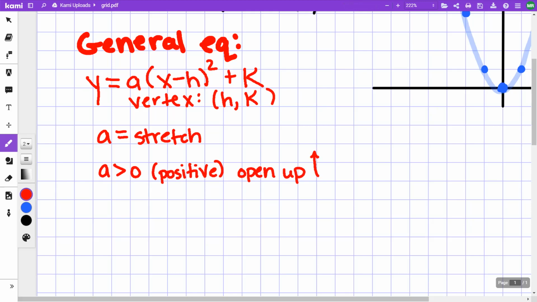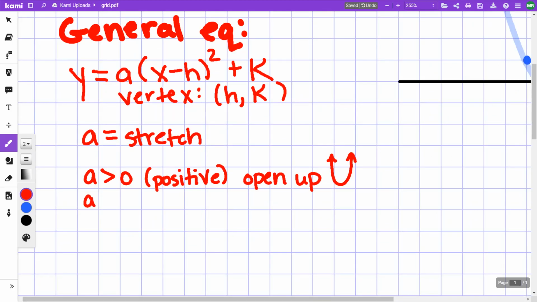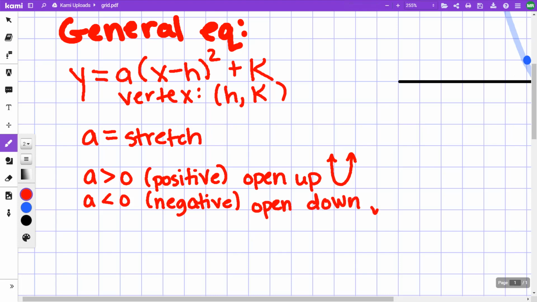So you have an open up parabola automatically. If our a is less than 0 or negative, and I'm saying greater than 0, less than 0 because sometimes books will have it written in that form and not necessarily say positive or negative, it's going to open down. It's going to be upside down.